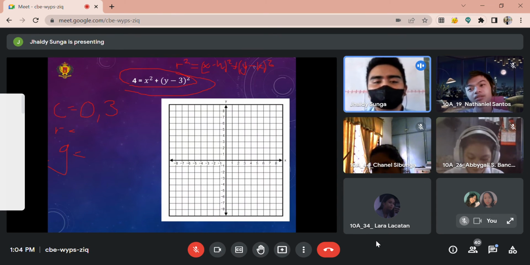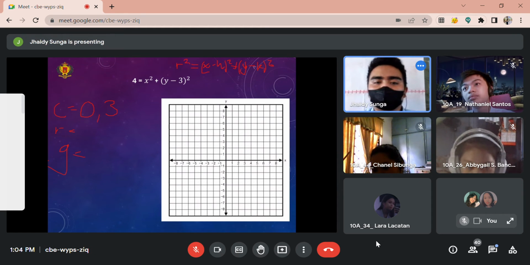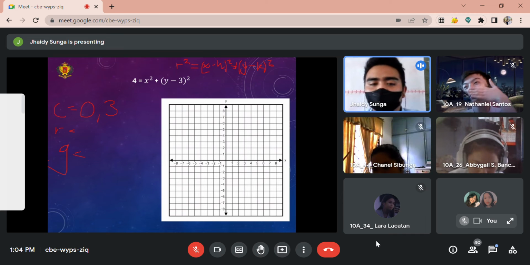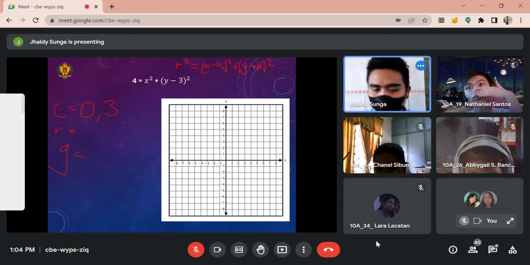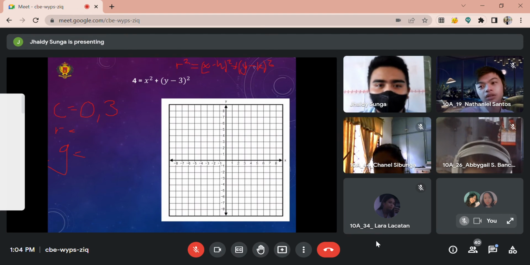Okay. So from the equation of the circle, our standard form is r squared equals x minus h squared plus quantity of y minus k squared. So from the given, what is our radius, po? 62?